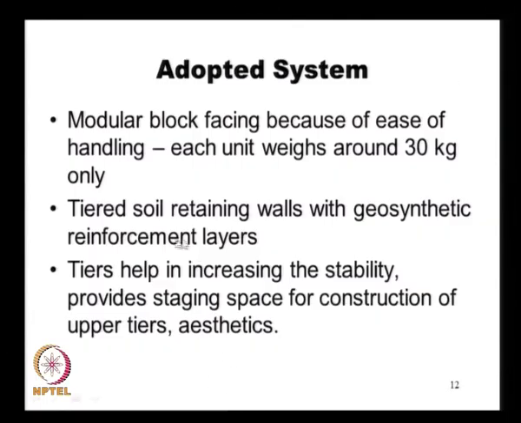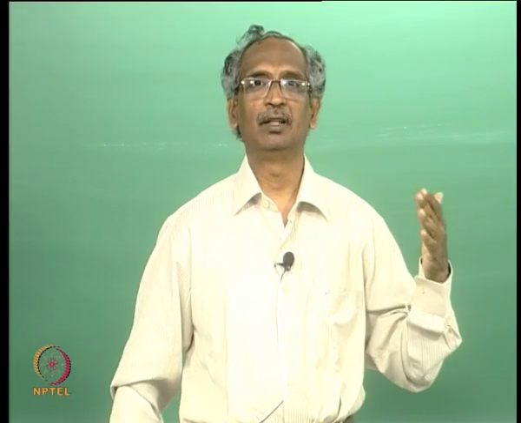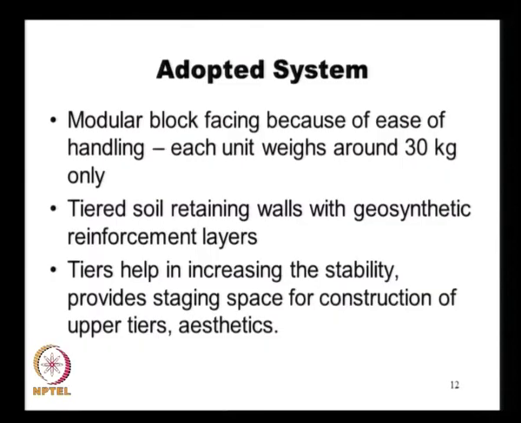Instead the tier system was proposed, mainly because it increases the stability, because we know that as we have a shallow slope the stability is higher, and similarly by providing the berms or the tiers the stability is increased, and more importantly it provides some space for the staging.